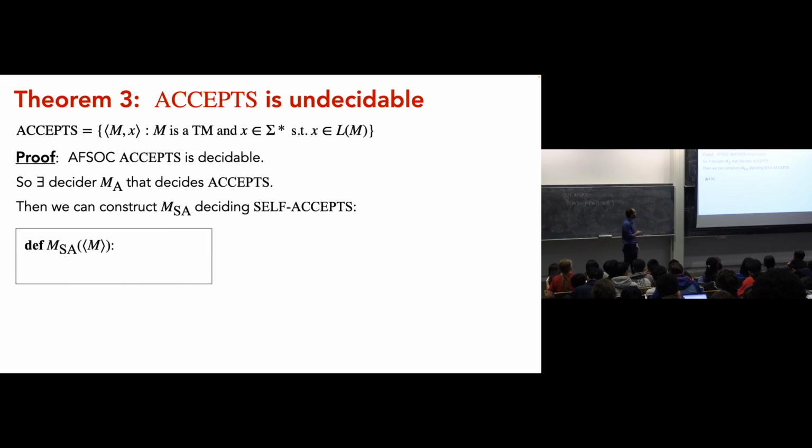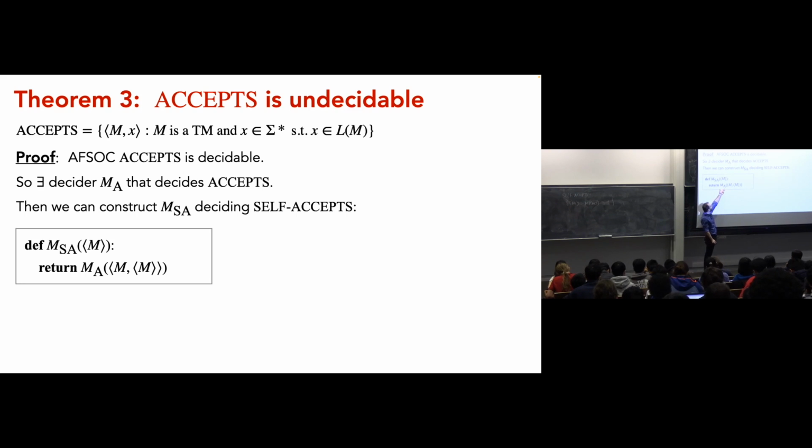And this is how it looks. This is also a one-liner. Who can tell me what the one-liner is? I have a decider for accepts, which is M sub A. Run M sub A on M comma M, the description of M comma M, and return its answer.